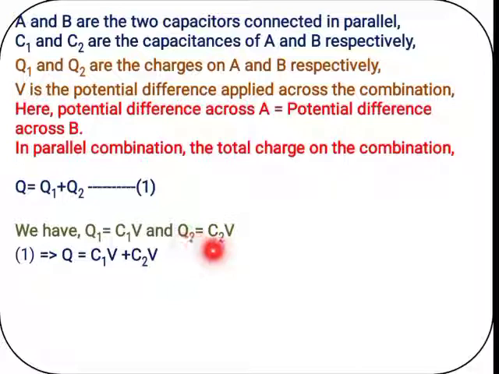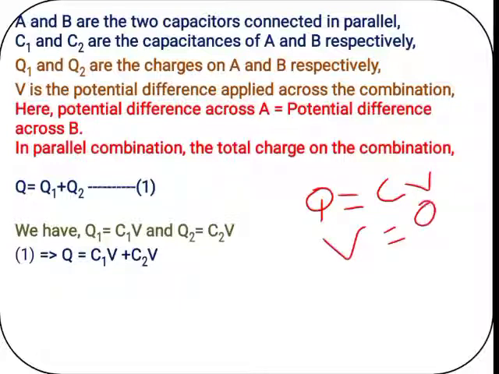Q2 is equal to C2 into V. So Q is equal to CV, or V is equal to Q divided by C. Just now we discussed this expression for series combination. So Q1 is equal to C1V and Q2 is equal to C2V.